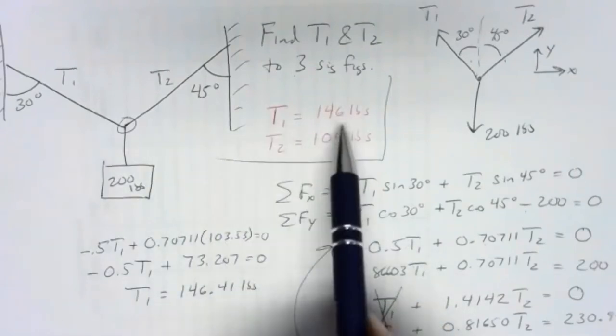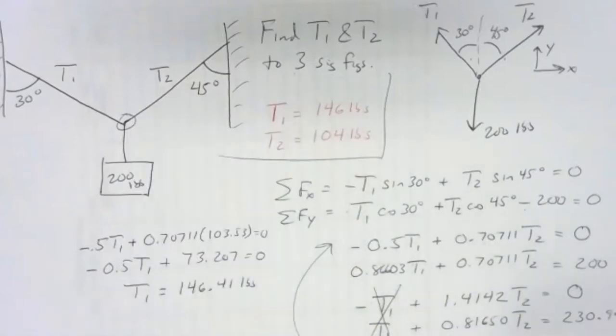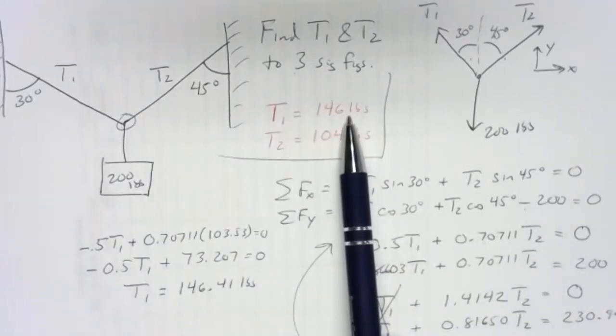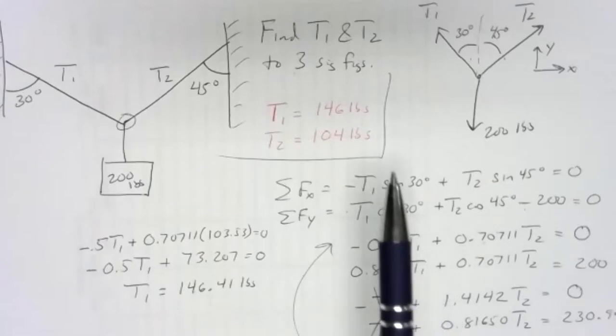So if we look at our values here, T1 came out to be a bigger value. T2 came out to be the smaller value.